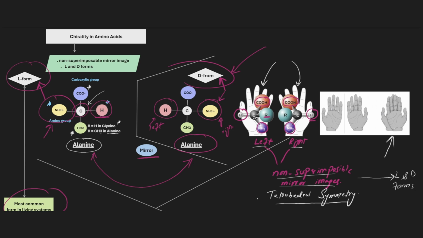The first condition to be fulfilled is that the amino group in the case of the L form should be on the left side of the chain, and the amino group in the case of the D form should be on the right side of the chain. The first condition is fulfilled. The second condition is that they should make mirror images, but these mirror images should be non-superimposable. Now they are called the true isomers of each other, that is L and D forms of each other.